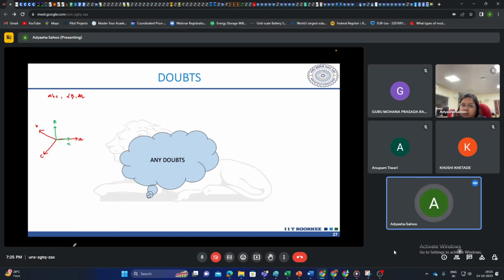If you want to convert this ABC frame to alpha beta frame, we need to multiply it with a matrix, which is the Clarke's transformation that we have been talking about.